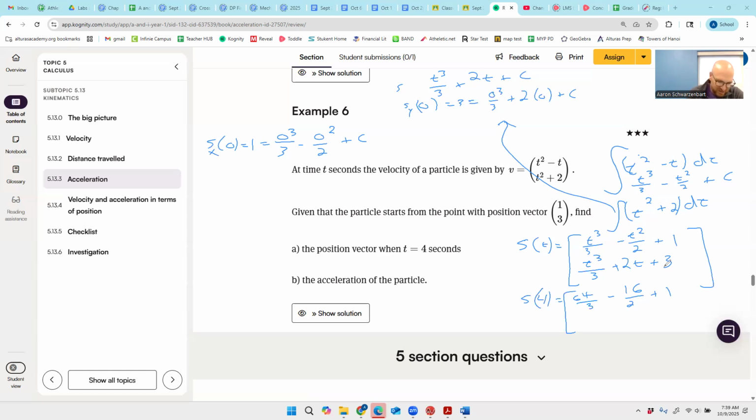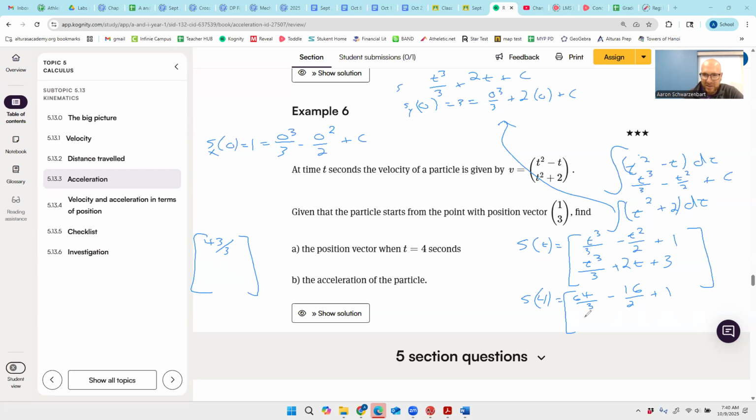Sixteen over 2 is 8. 43 thirds, which I guess is 11... 14 and 1/3.